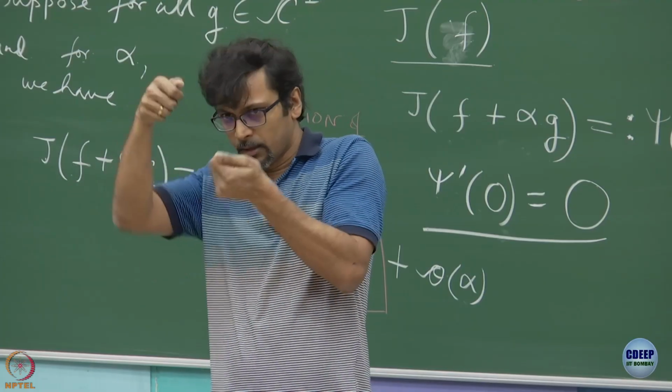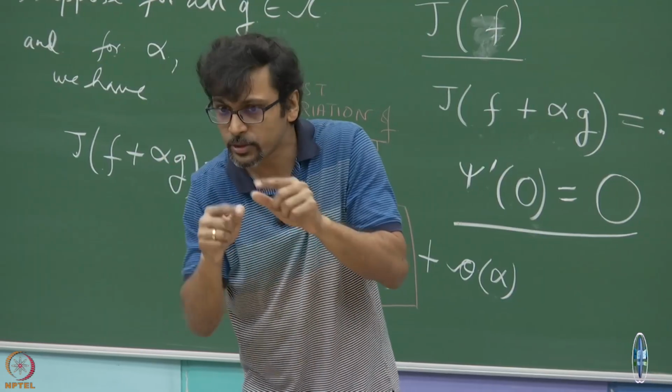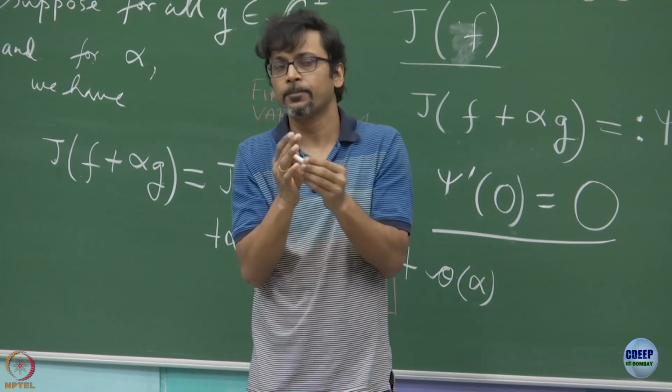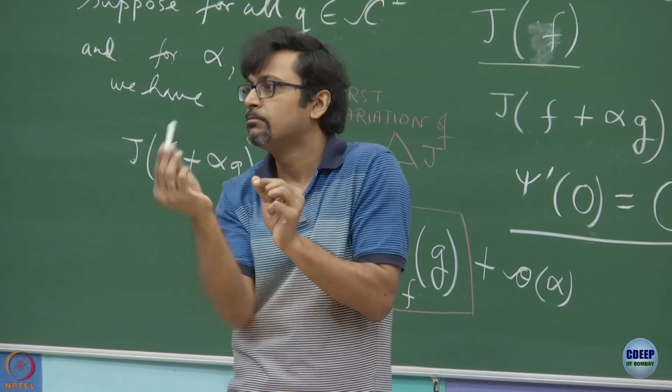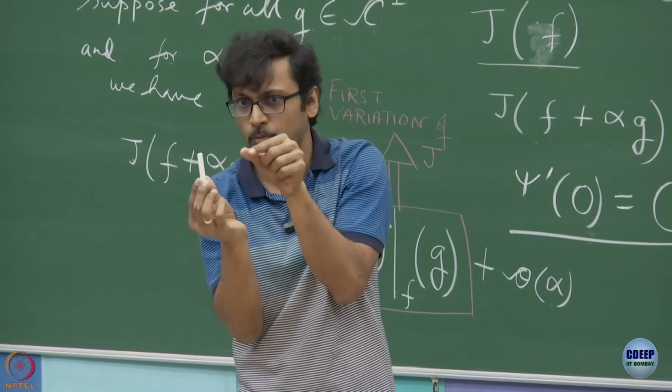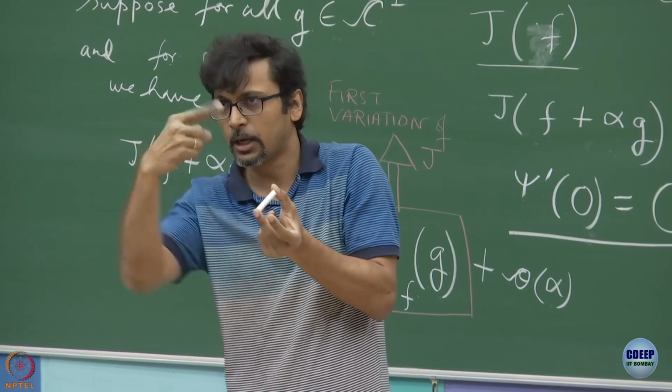So the norm of this thing is being scaled down only through alpha, through one particular medium. But when you say it's Frechet differentiable, the norm of the f itself has to be very small. It could be along any direction, but all possible small functions with small norms along different directions.